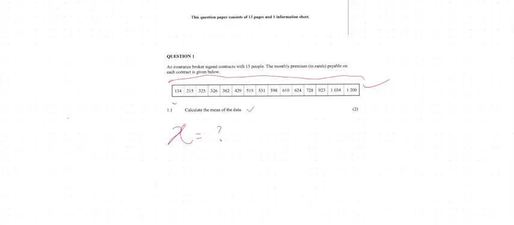What is n? We have to sum up all these values and divide by the number of contracts. So n is 15, so I'm dividing the sum by 15.